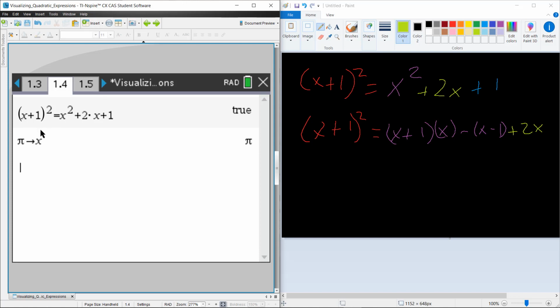And now I'm going to use this same expression that we did before, only you'll see my x's are now bolded because it's a variable that actually has a value in it.